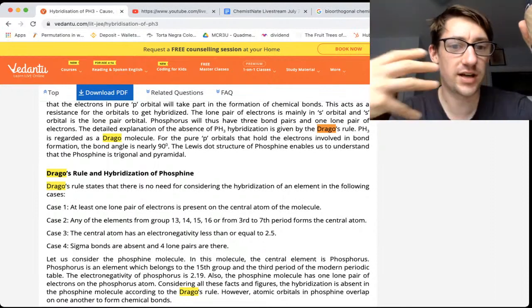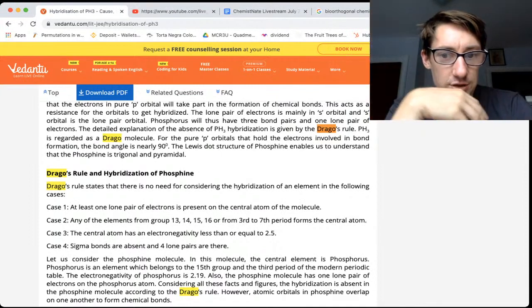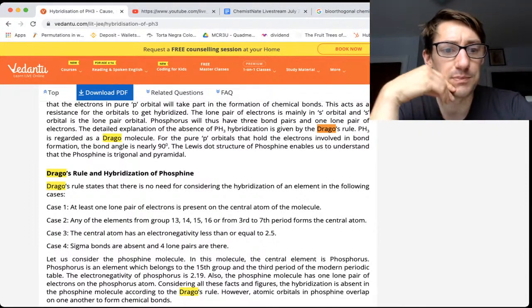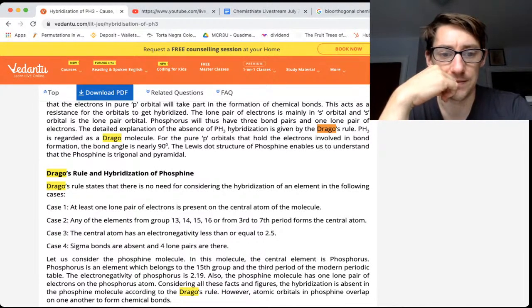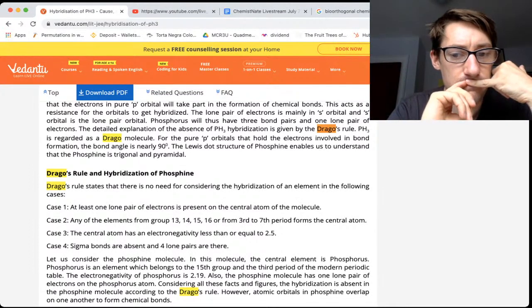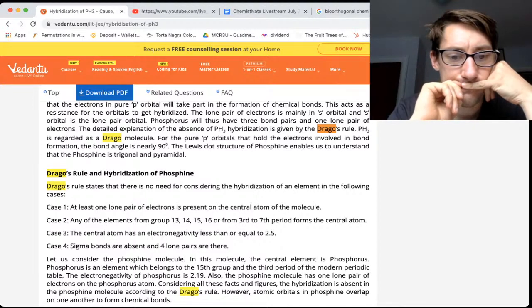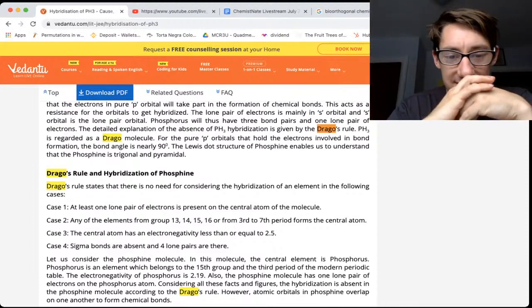PH3 is regarded as a Drago molecule. For the pure p orbitals that hold the electrons involved in a bond, the bond angle is nearly 90 degrees. Okay, so if there's... I don't like this rule.